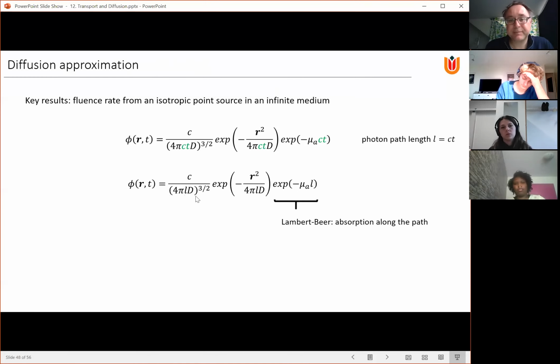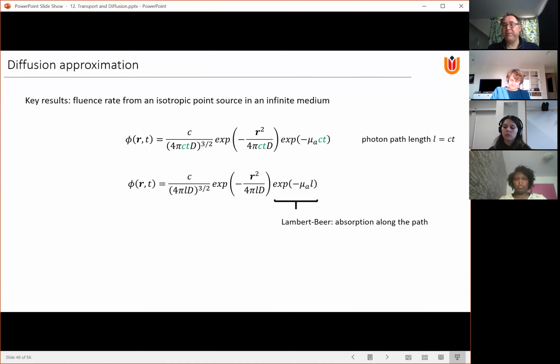And also in this case, this exponential term is an exponential of minus mu a times L. So that is a Lambert-Beer kind of expression. Usually we would look at Lambert-Beer just as a cuvette of thickness L, where the light passes through, and this expression tells you how much light is absorbed.